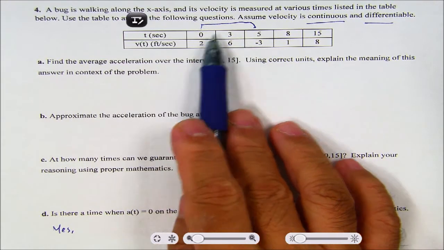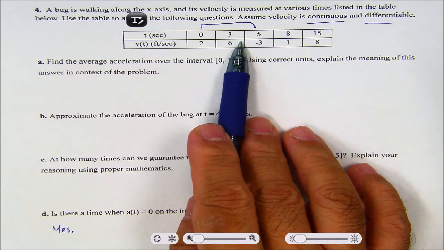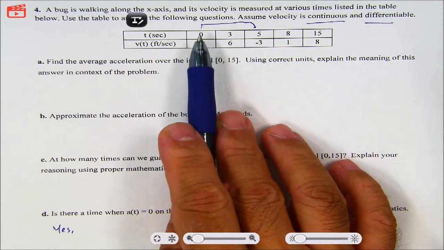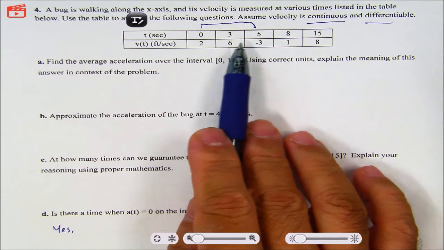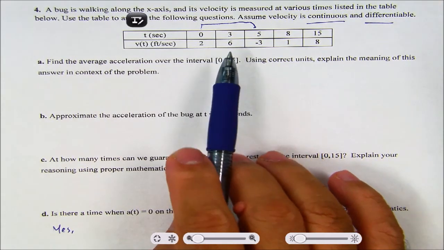then there must be some value t in between 0 and whatever that other value is, where the slope is 0. That's what Rolle's theorem says.